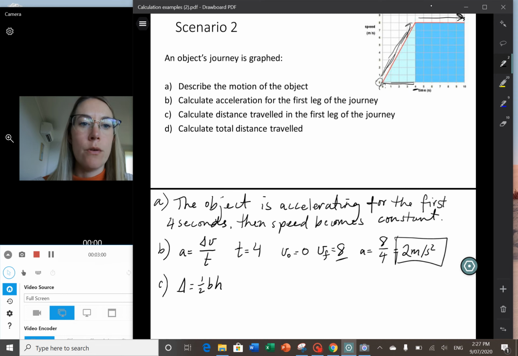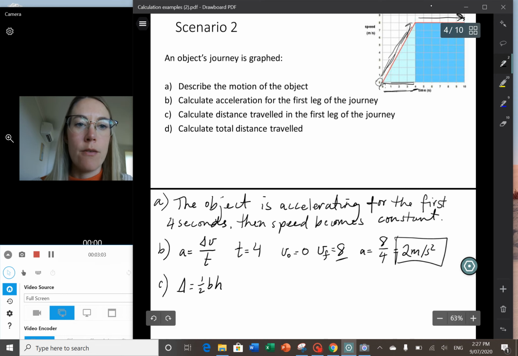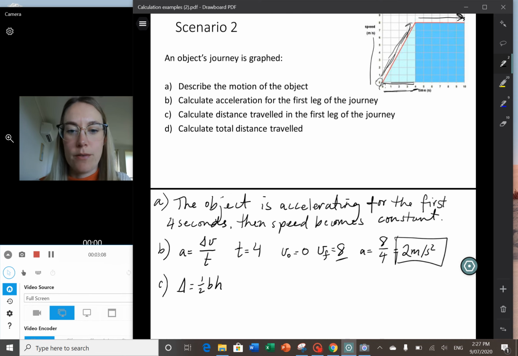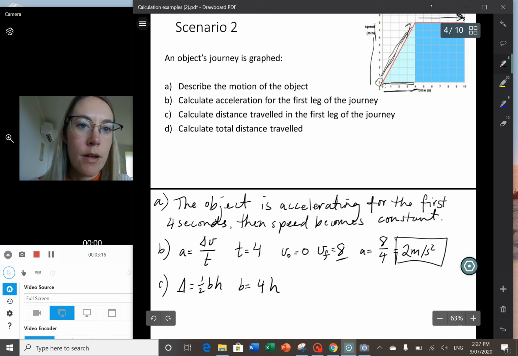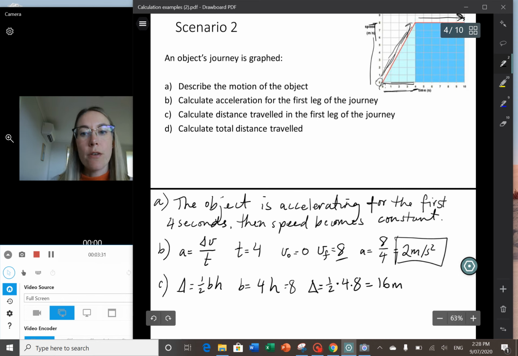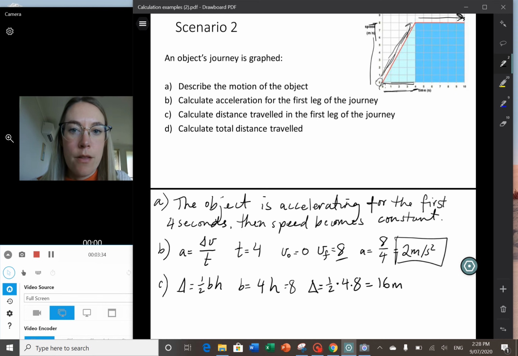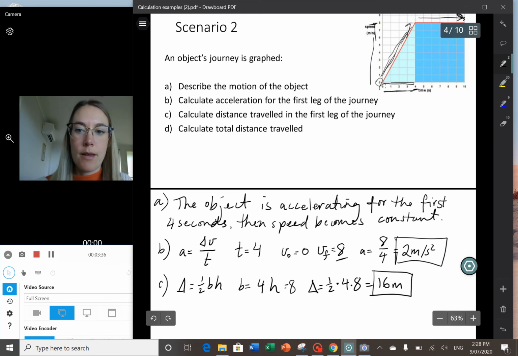And we want to use the units that are given to us on each of the axes to work out what the size of the base is and what the height of the triangle is. So our base is equal to 4, and our height is equal to 8. So the area of the triangle is equal to half times 4 times 8, which is equal to 16 meters. So in that first leg of the journey, the object travels 16 meters.